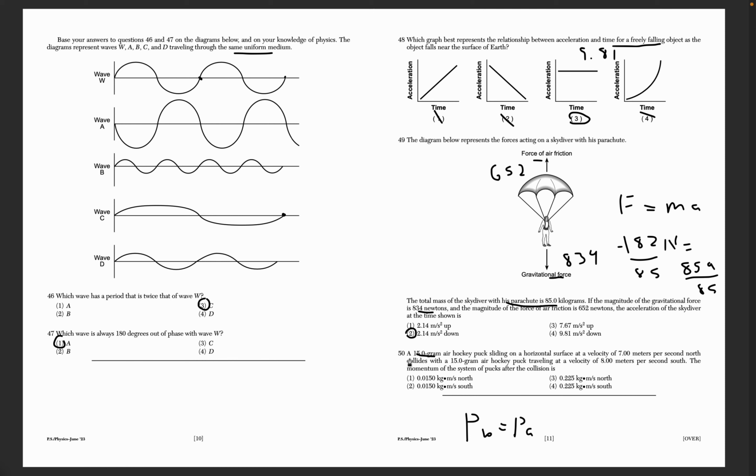That should give you choice 2, 0.015 kilograms times meters per second south. And that is it for part B1. Next video will be part C.